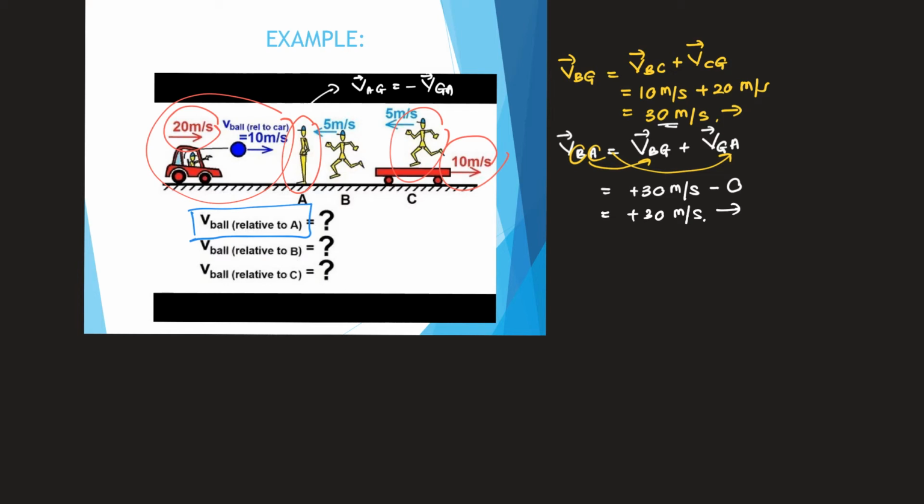Okay, so next is the velocity of the ball relative to B. I'm going to put the ball as VBL and the person as B, just to make sure that you don't get confused. So the velocity of the ball with respect to B means the velocity of the ball with respect to ground, plus the velocity of the ground with respect to B. The velocity of the ball with respect to ground, we basically already found using this formula.